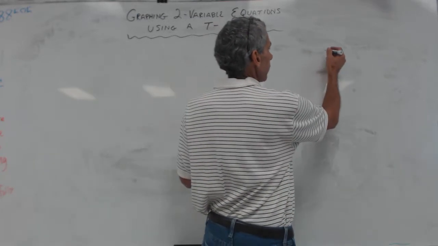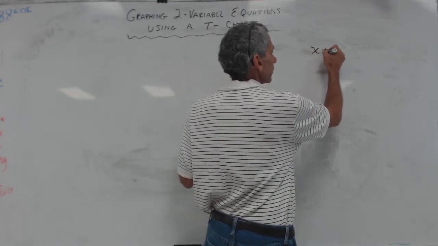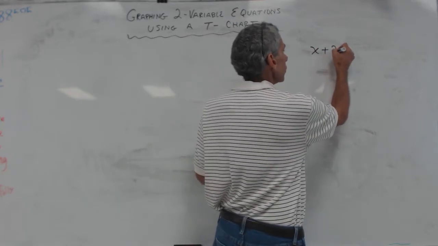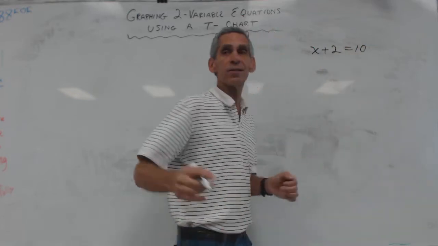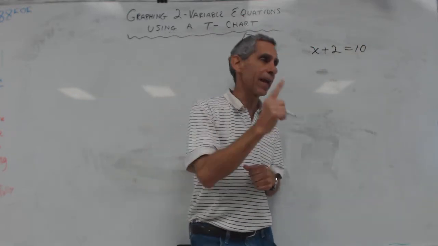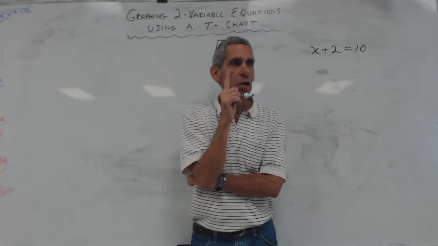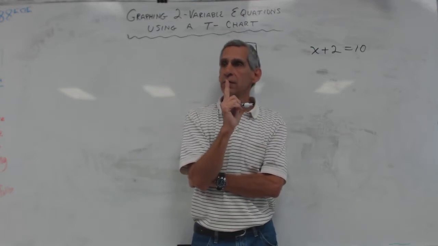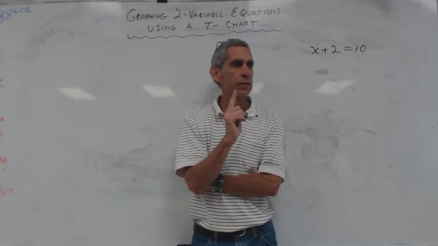For example, x plus 2 equals 10. I can solve that. There is absolutely one answer for x. I know what x is. What is x? 8. It's 8.